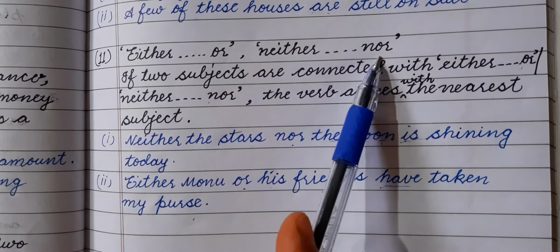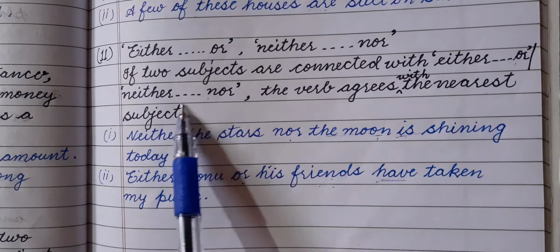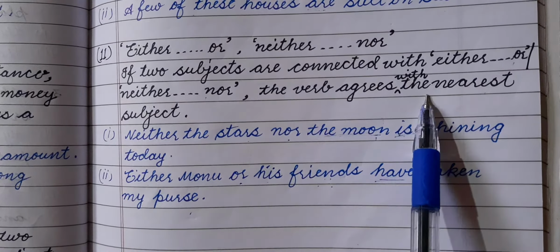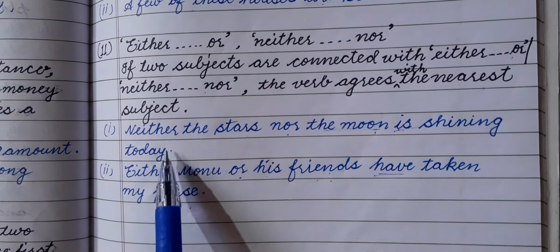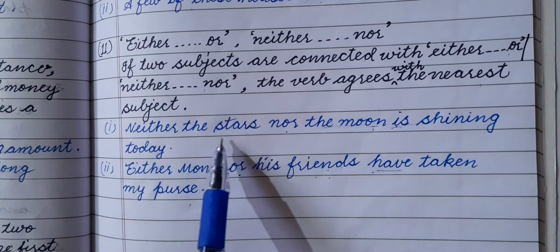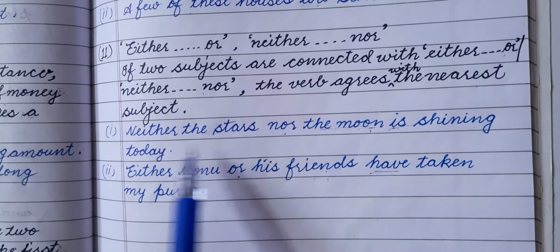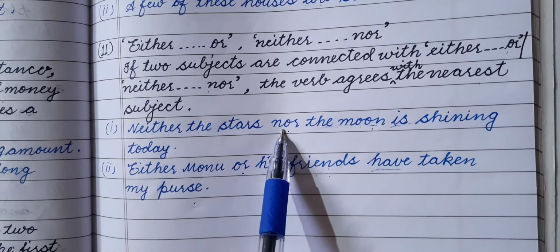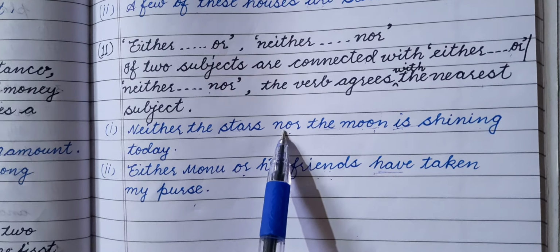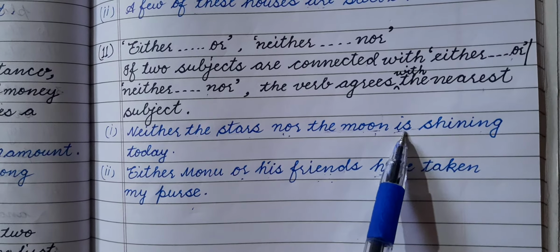Either or, neither nor. If two subjects are connected with either or, neither nor, the verb agrees with the nearest subject. Neither the stars nor the moon is shining. Here two subjects are there, the stars and the moon, and they are joined with neither nor. In such a case, we have to check the nearest subject to the verb, that is moon.